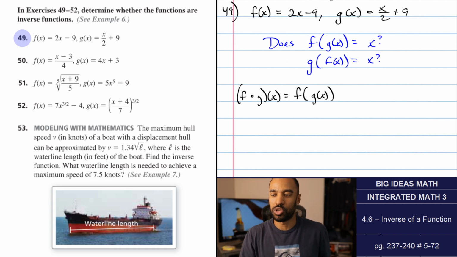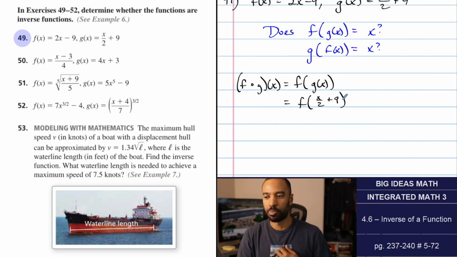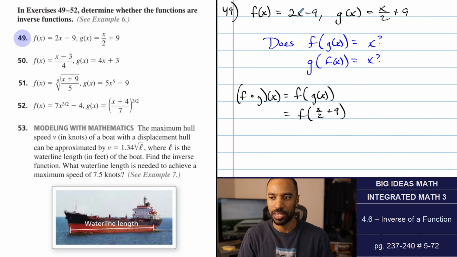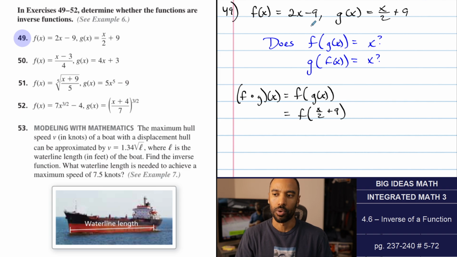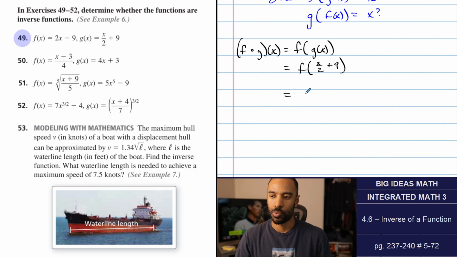Now, when we do f of g of x, it means this. We're going to take f of g of x, x over 2 plus 9. This means x over 2 plus 9 is going to replace x in f of x's equation. We're going to simplify that down and see if we get just x back out. So that becomes 2x minus 9.